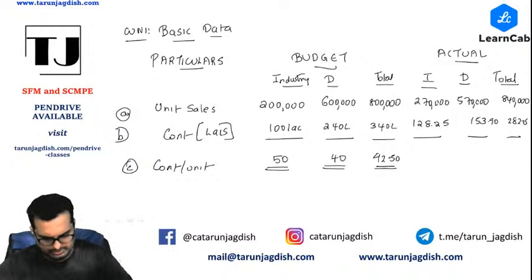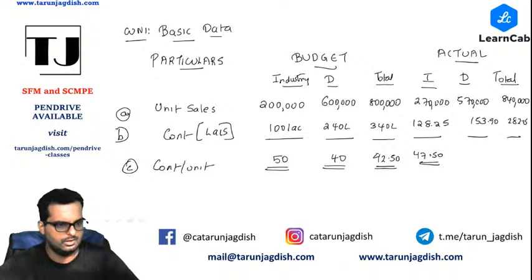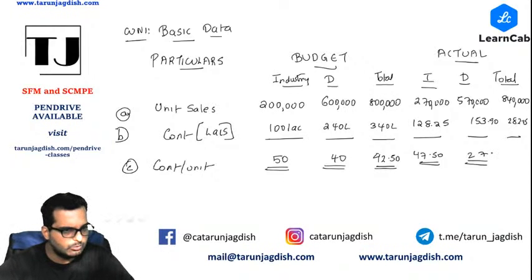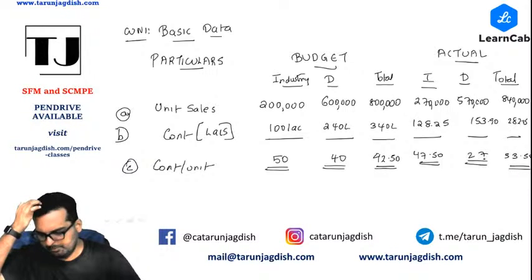Okay, 128.25 divided by 2 lakh 70,000 will be 47.5. 153.9 divided by 5 lakh 70,000 will be 27, and the overall average is 282.15 divided by 8 lakh 40 would be 33.58. Can you please write down this in your books? I'll give you a minute's time.